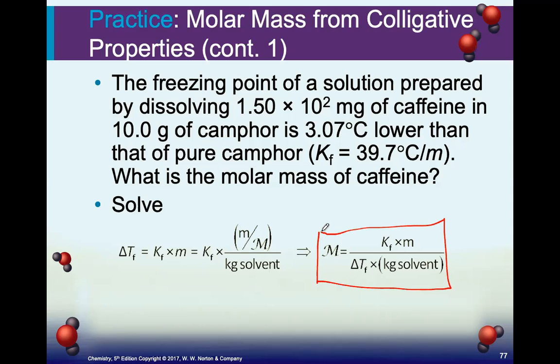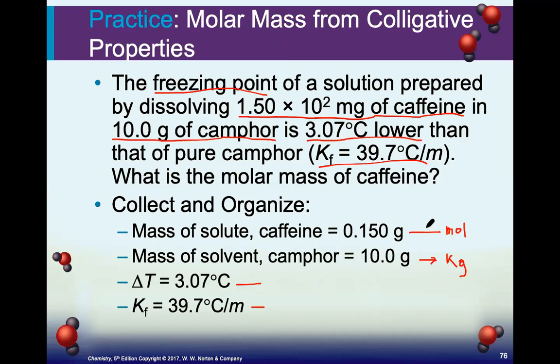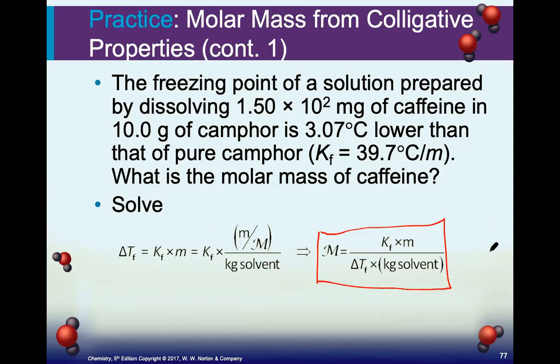So we have Kf, we have the mass, we have delta T, we need to calculate the kilograms of solvent. Oh no, we don't need to convert it to moles. Am I wrong? My bad. So this doesn't need to be converted to moles. Let me just scratch it. Nope, we have the mass. So this one we need to do that.